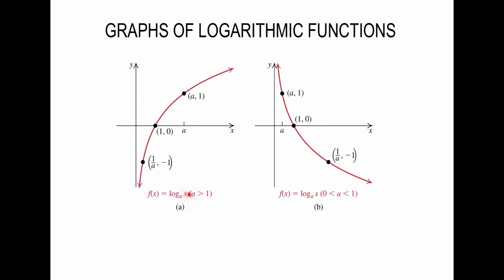And remembering that x is my input, when I had a as my input, so my input is matching the base, this gives me log base a of a, and log base a of a is 1. A to what power gives me a?